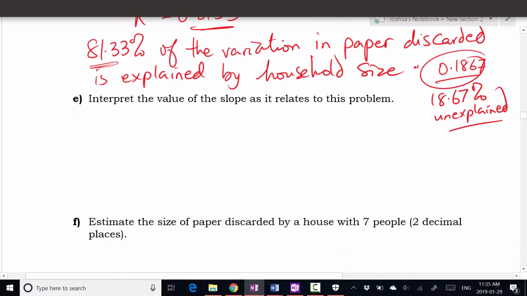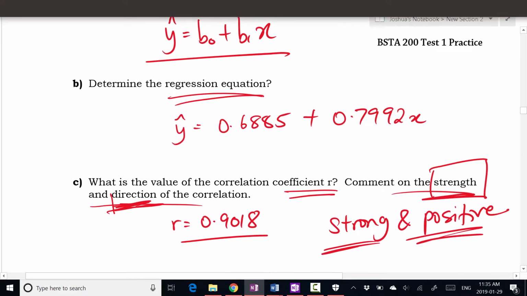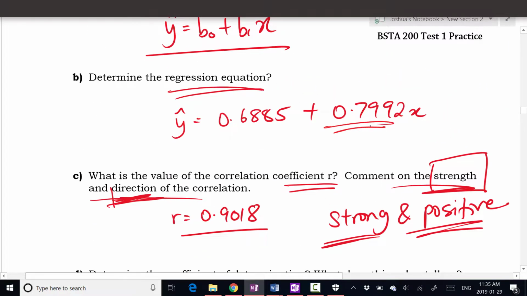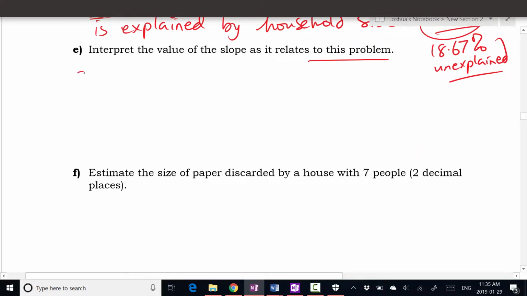Interpret the value of the slope as it relates to this problem. We saw the slope earlier on. The slope is 0.7992. The slope is basically the amount of change in y per unit increase in x. We have to interpret that as it relates to the problem.